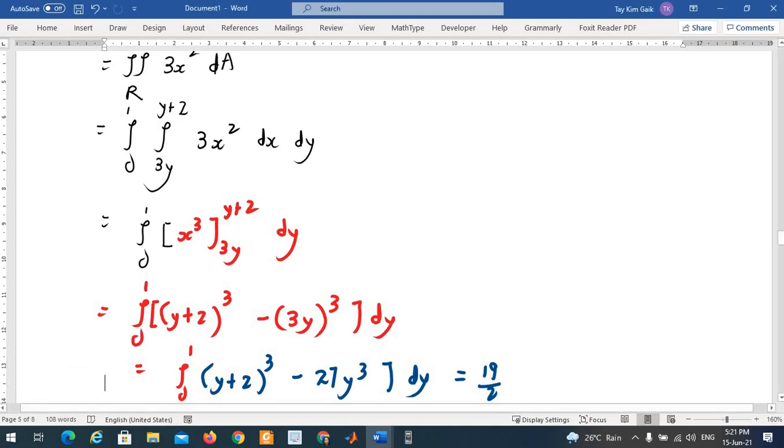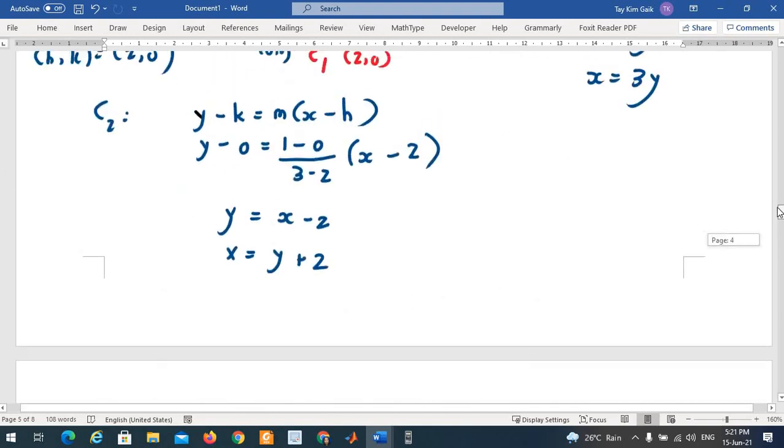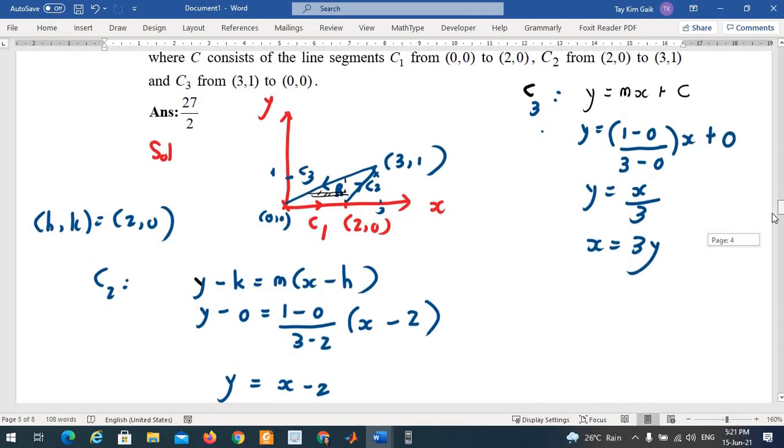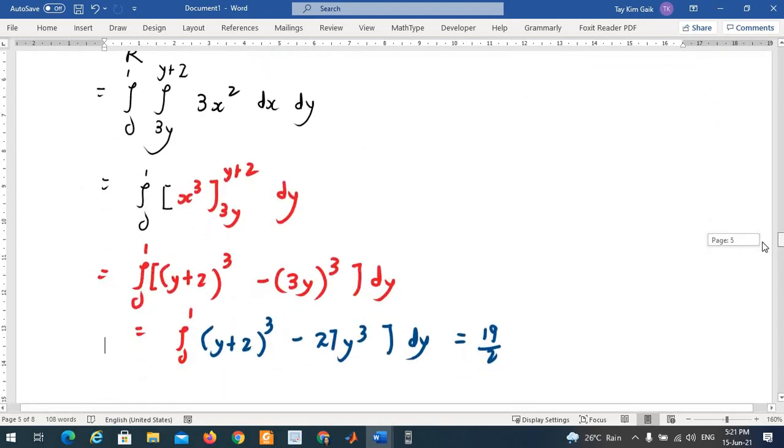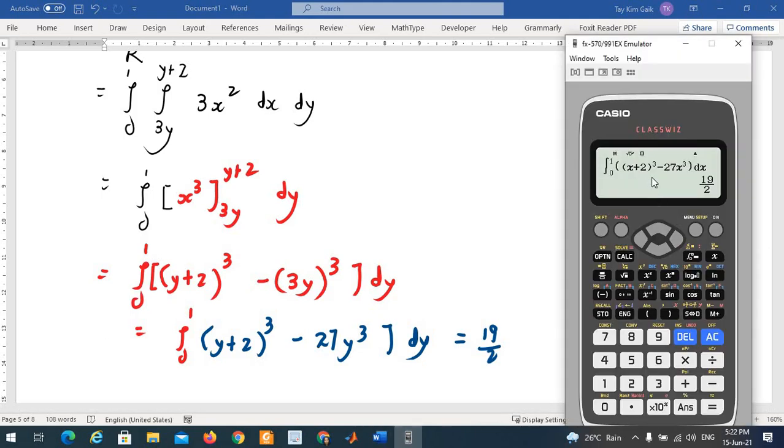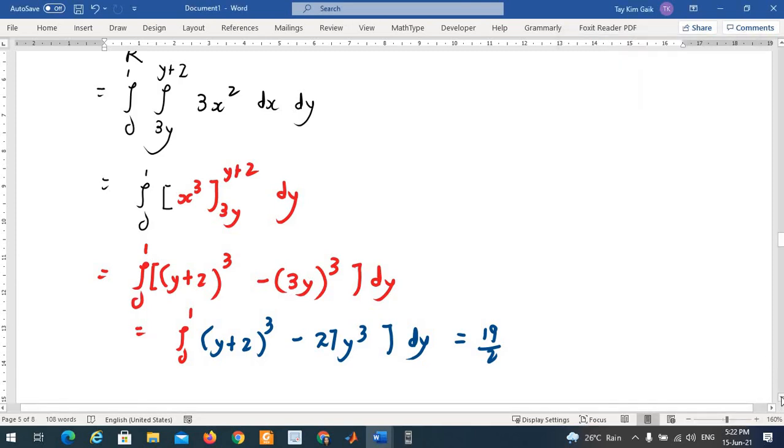So, check the answer. 27 over 2. Check my mistake. The calculator gives 19 over 2.